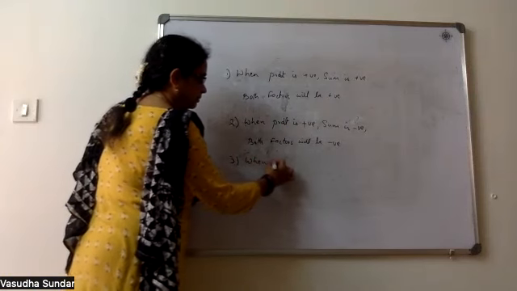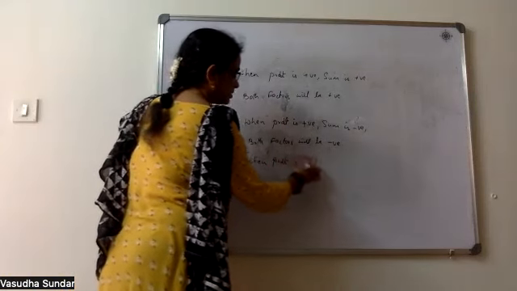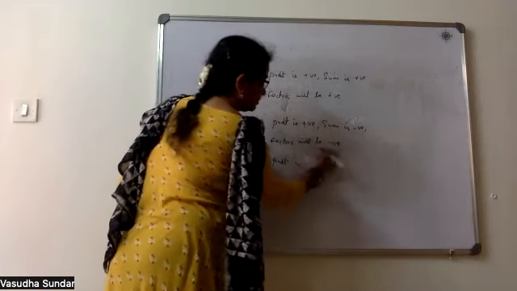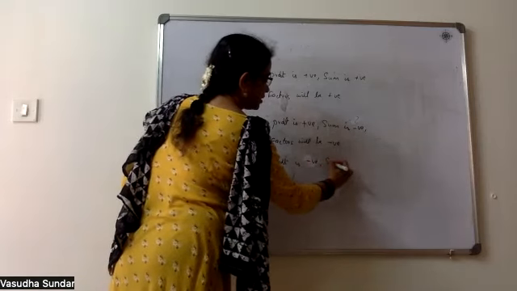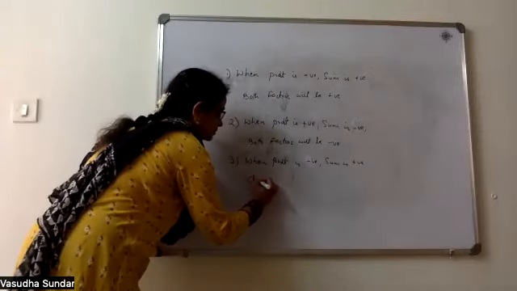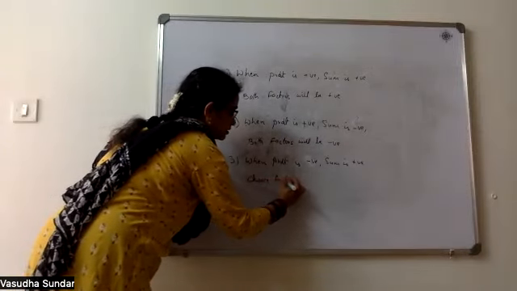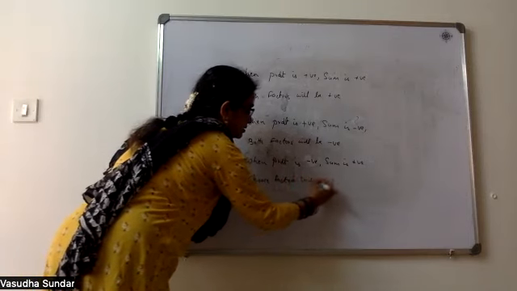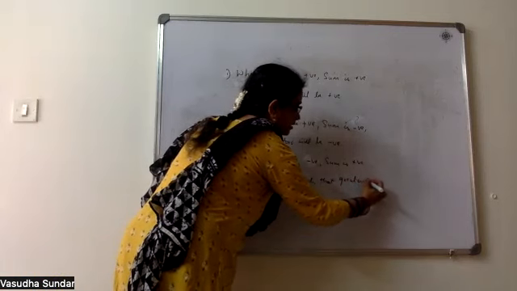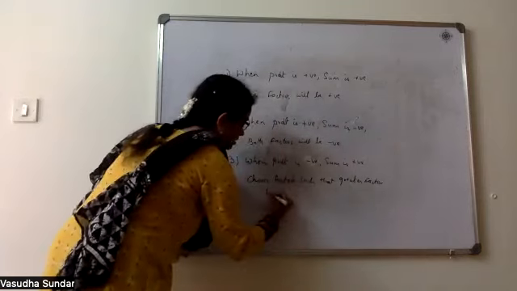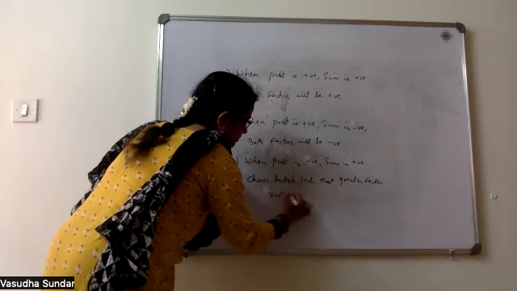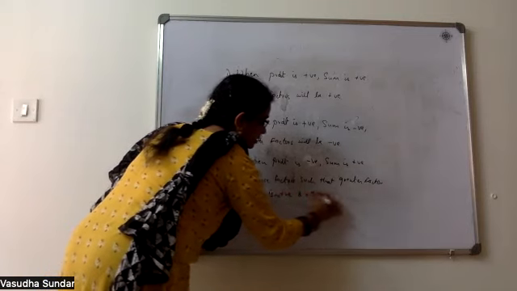When product is negative and sum is positive, choose factors such that the greater factor is positive and the other factor is negative.